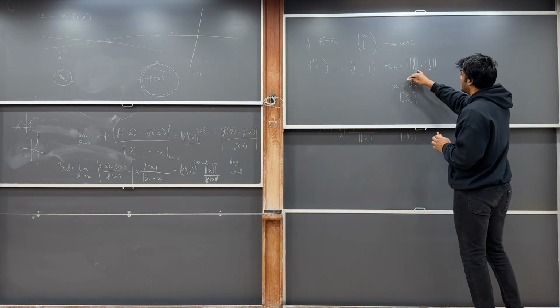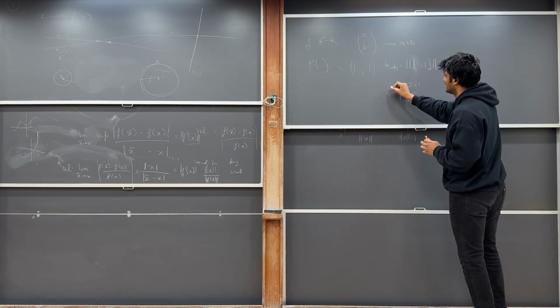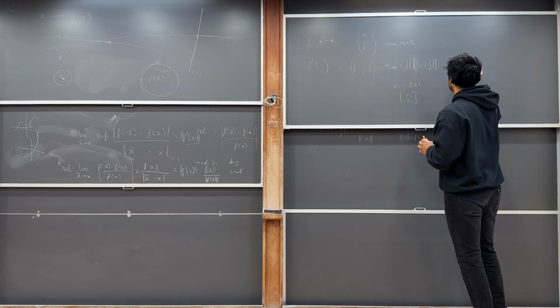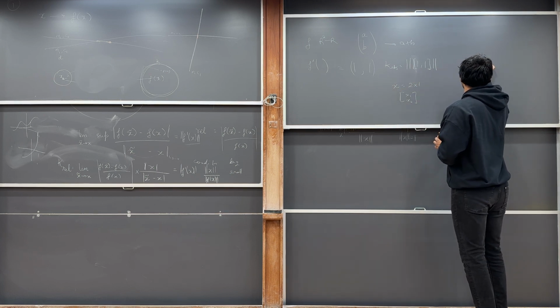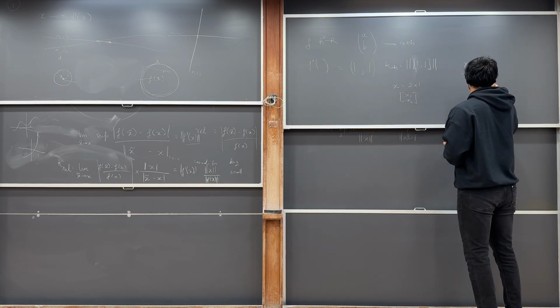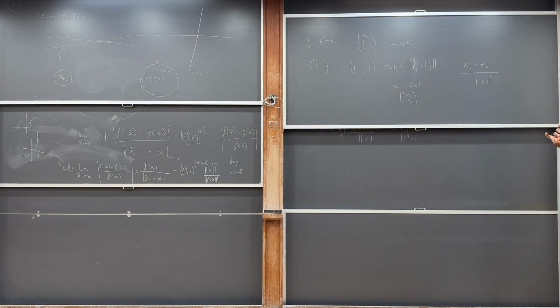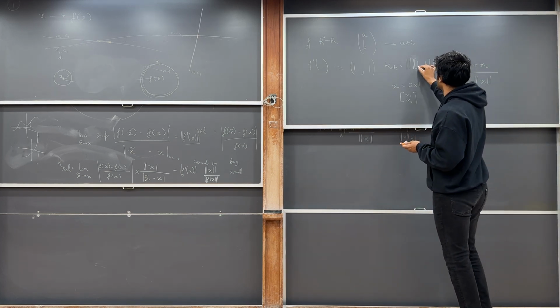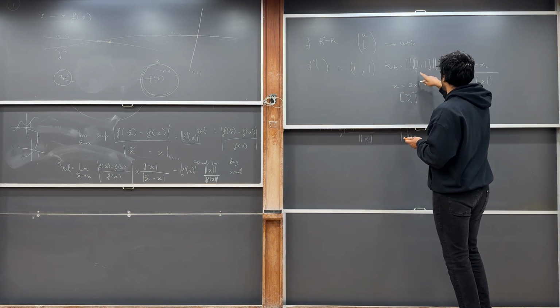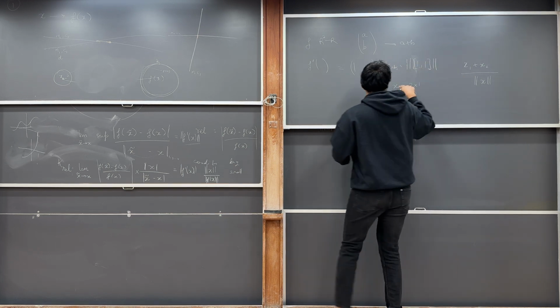Alright, so my k absolute is this multiplied by x, this becomes x1 plus x2 divided by the norm of x, right? Why did I write this? This was my f prime, right? 1 cross 2. I just multiplied f prime with this.